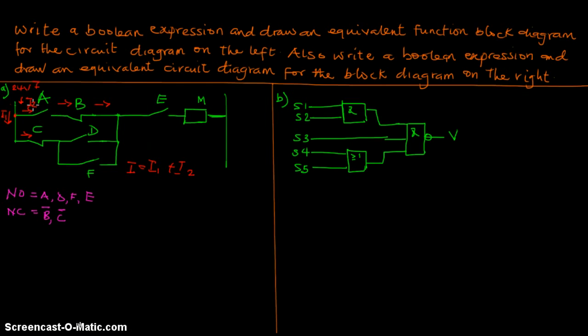As we see here, assuming A is closed, I2 passes through A and also passes through B and still at this point. But then looking at the relationship between A and C, is it in series or in parallel? It's in parallel because we have I1 here.